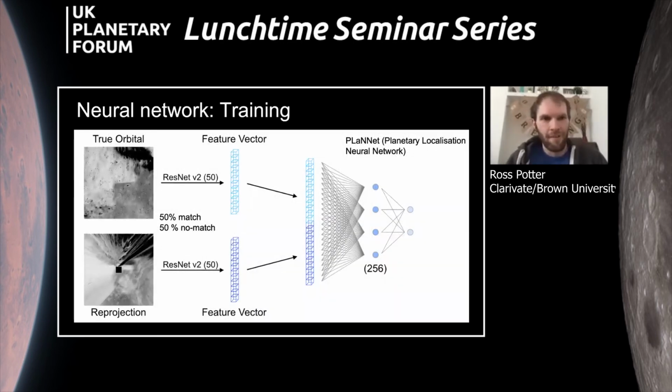The algorithm we used, as I mentioned, was a convolutional neural network. To train the specific network, we used this approach. We gave the neural network a true orbital image and the reprojected image, and we wanted the algorithm to learn the associations between what it sees in the reprojection and the true orbital images.